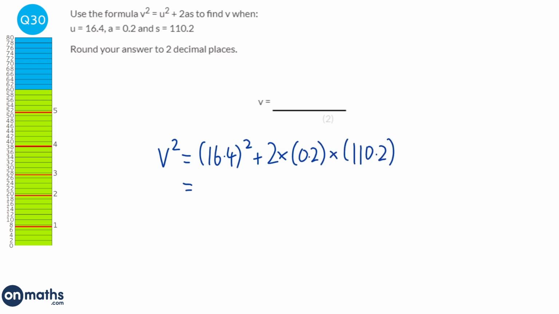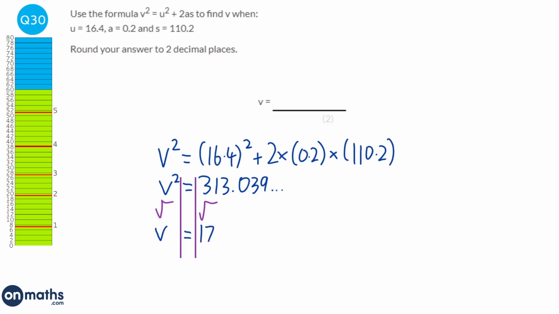Type that into the calculator and you get 313.039... And we're just going to quickly solve this by square rooting both sides, because it's v squared equals and we just want v equals. So v equals, and we square root that on the calculator, 17.692... It says it wants it to 2 decimal places, that's just going to be 17.69.